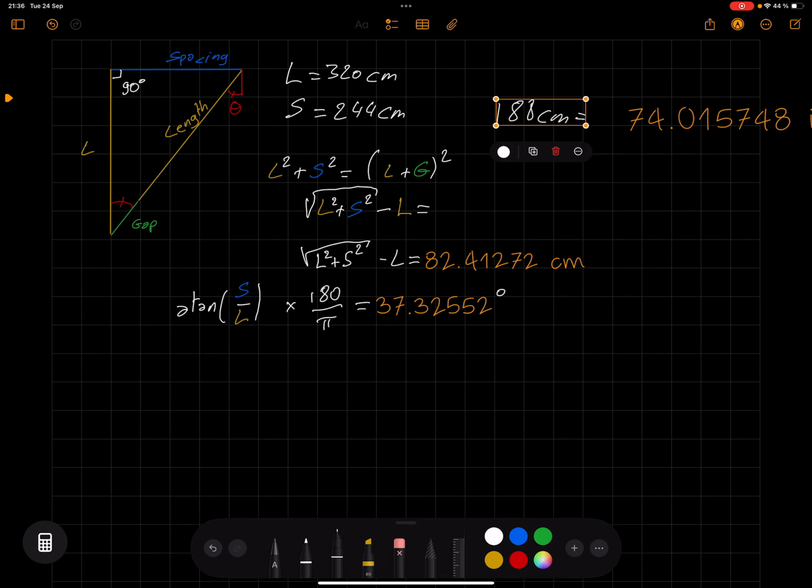But well, 74 inches doesn't help me, because Americans are speaking in feet. So how could I do this? I could make 70 centimeters again, but this time divided by 12 in order to get it in feet.